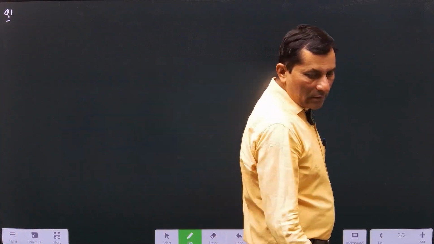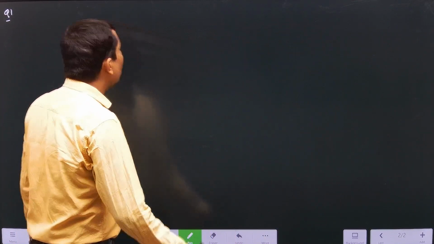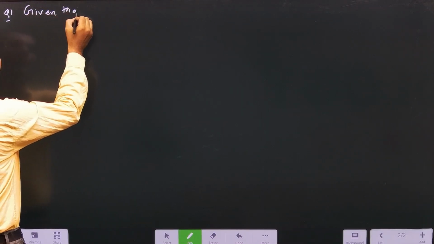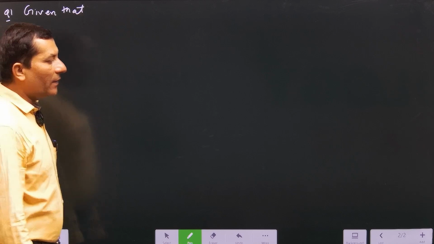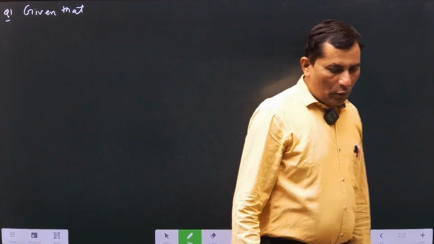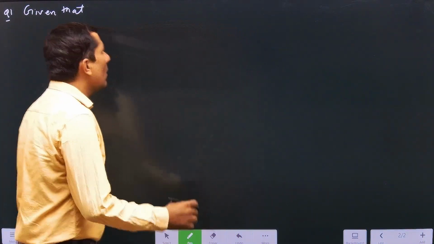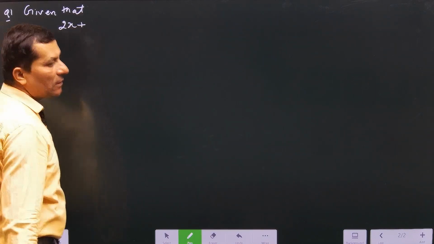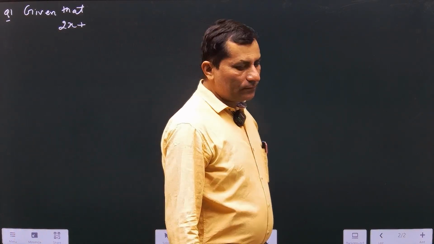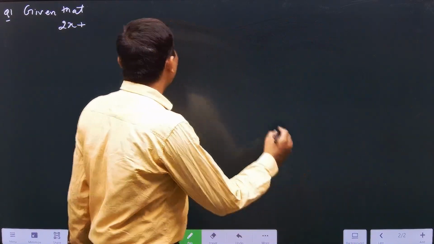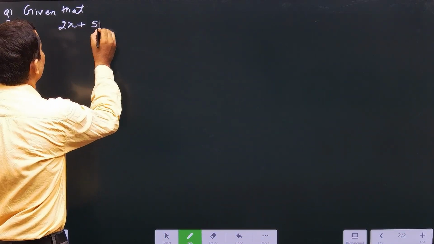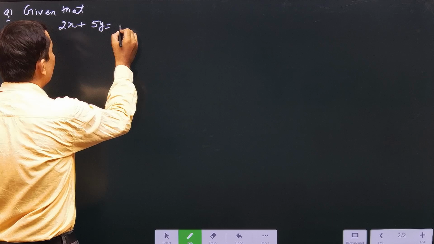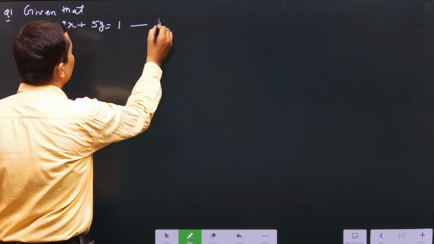Look, given that 2x plus 5y is equal to 1, it is your first equation.